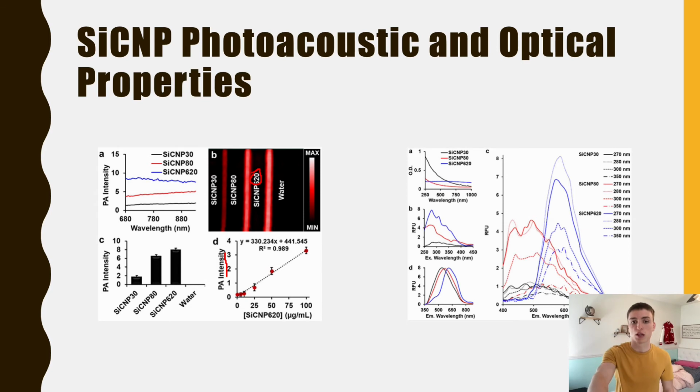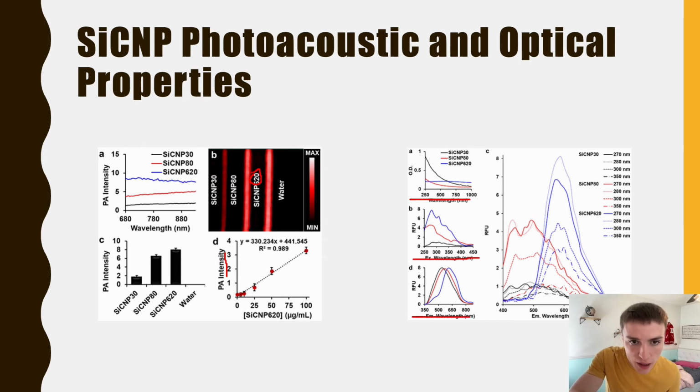For the photoacoustic imaging. In the right figure, it shows the absorbance spectra of the silicon carbide nanoparticle suspension, and that is shown in figure A. Figure B shows the excitation spectra of the silicon carbide nanoparticles. Figure C shows the emission spectra at varying excitation wavelengths of the silicon carbide nanoparticle suspension.